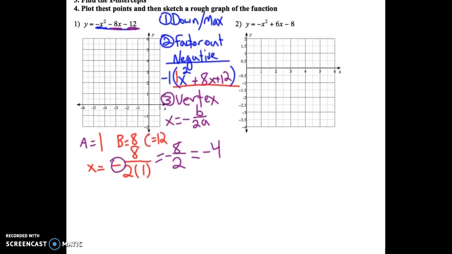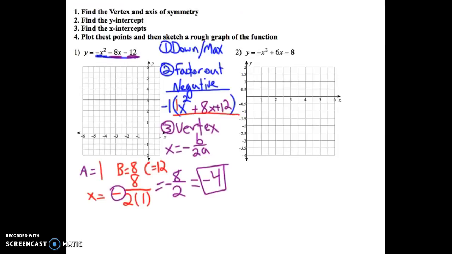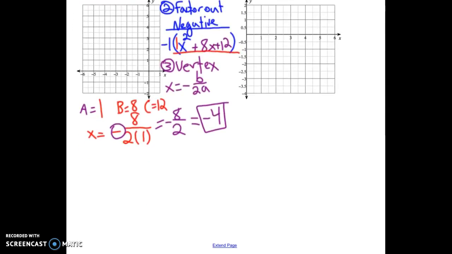Before I find the y value, the x value of my vertex is also the axis of symmetry. So we have done this part of step 1. You've already found the axis of symmetry. Please square that in so that I can see that that is the axis of symmetry.